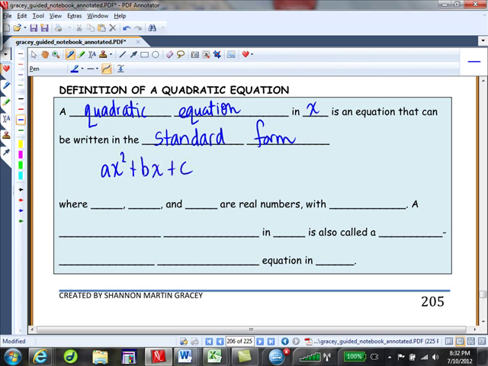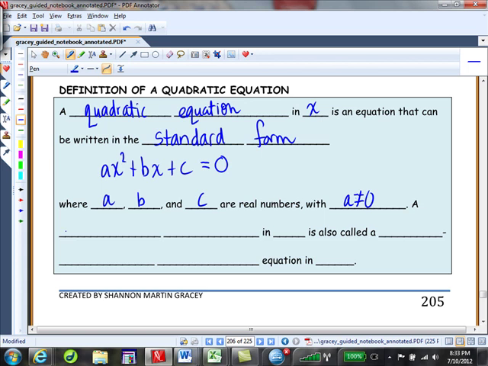And remember, we were dealing a lot with that in factoring, but now there's an equal sign, and it's equal to 0. Where a, b, and c are real numbers with a not equal to 0. Otherwise, we would not have something that was quadratic in form.